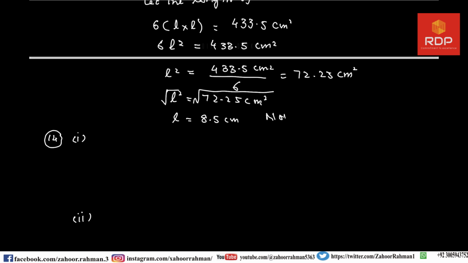Now we can find volume is equal to L cross L cross L. So volume is 8.5 multiplied by 8.5 multiplied by 8.5 centimeter cube, and that will be equal to 614.125 centimeter cube, and that is the answer.